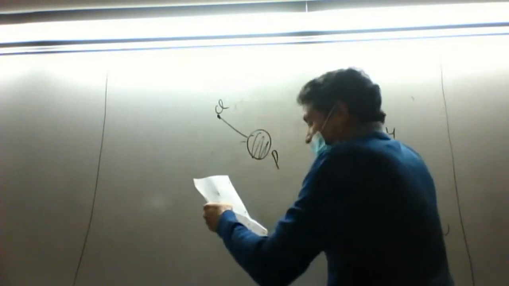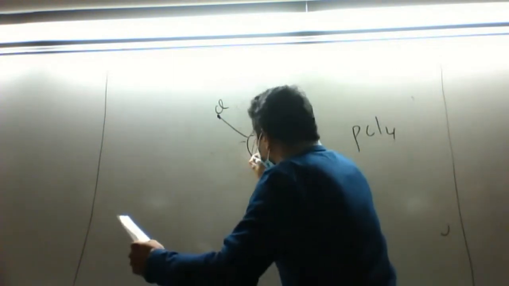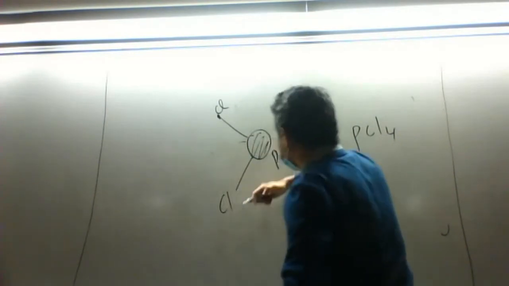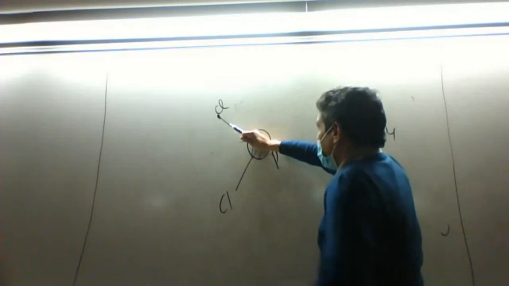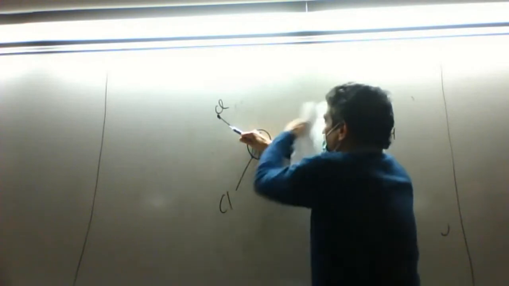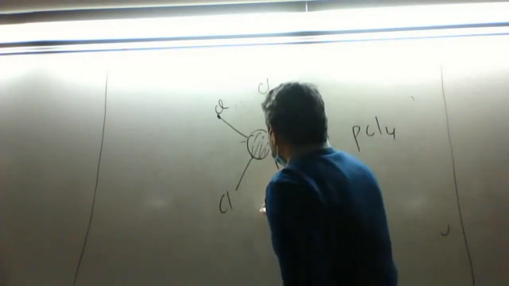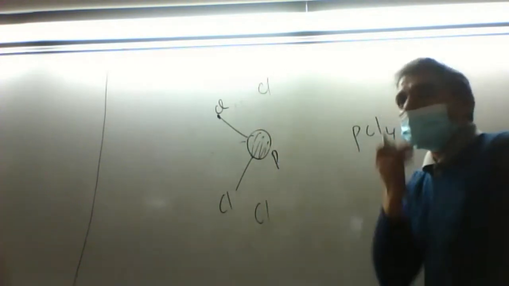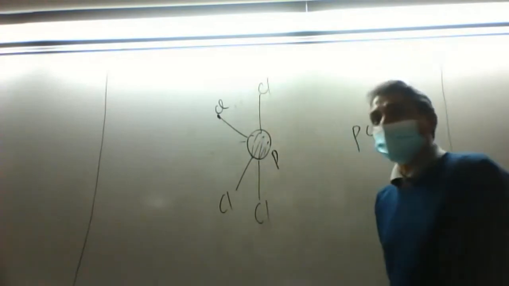Now for another one, I draw like this. This is Cl, and this is also another Cl. One is P, my hand is P, that's Cl, this is another Cl, and if I write another Cl, I would write it this way, in the plane. Now I have two Cl here. One Cl is here, another Cl is here, right? So how many Cl do I have? I have just PCl4, right?